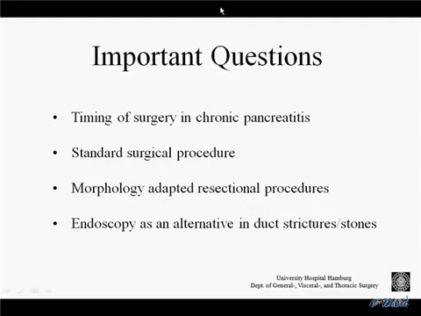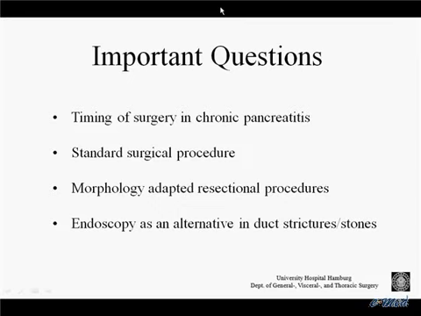Now, an important question which is so far unknown in chronic pancreatitis is, of course, the timing of surgery. There is one tiny randomized trial coming from Galveston, Texas, where Bill Nealon has compared late surgical versus early surgical intervention in patients with so-called mild chronic pancreatitis, and he could clearly show that in this small randomized trial, early intervention had a significant benefit on the natural course of the patients.